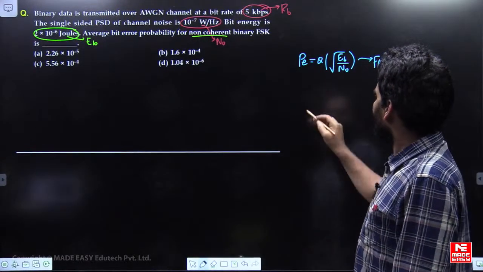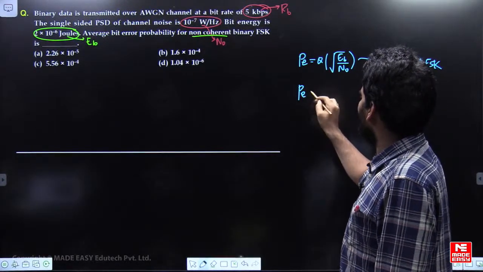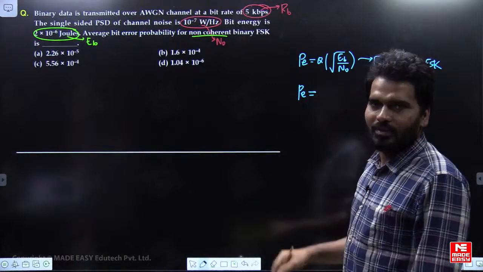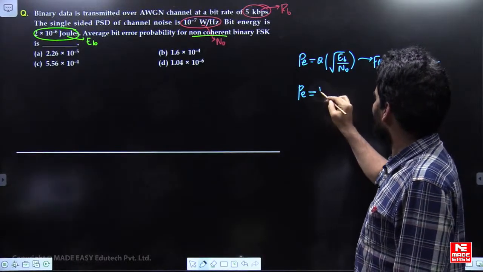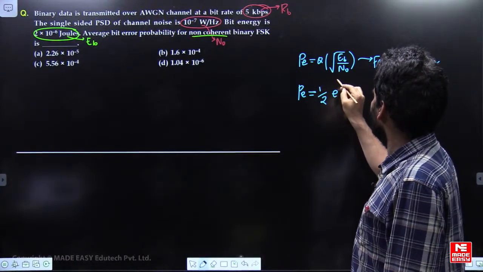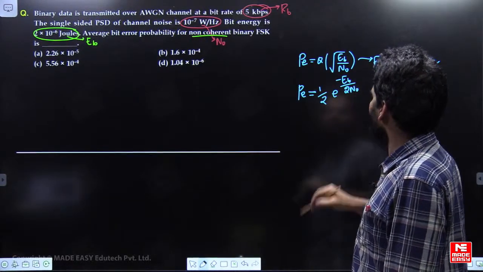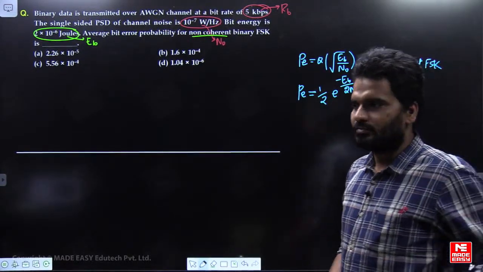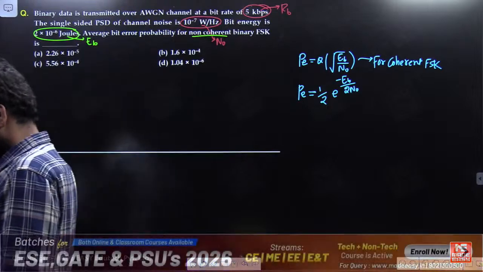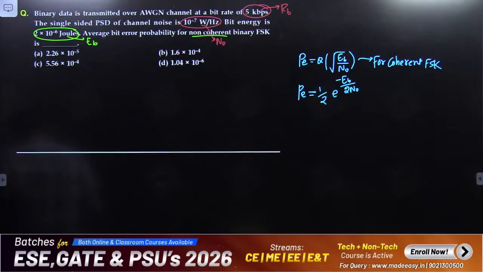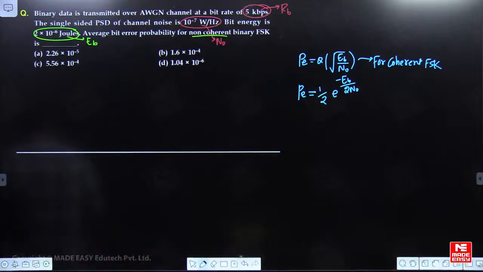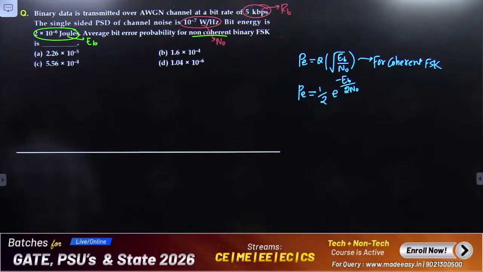And what is the probability of error for non-coherent FSK? Anyone remember? This is half e power minus EB upon 2 N naught. It is simply a formula based question.